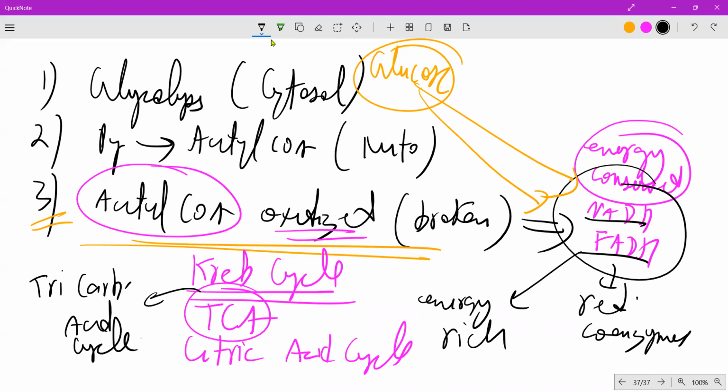Krebs cycle, citric acid cycle, कुछ भी बोल दो. Am I clear? So what is the function of TCA cycle? The function of TCA cycle is nothing else, just to break down acetyl CoA, to oxidize acetyl CoA, which is an energy-rich compound.